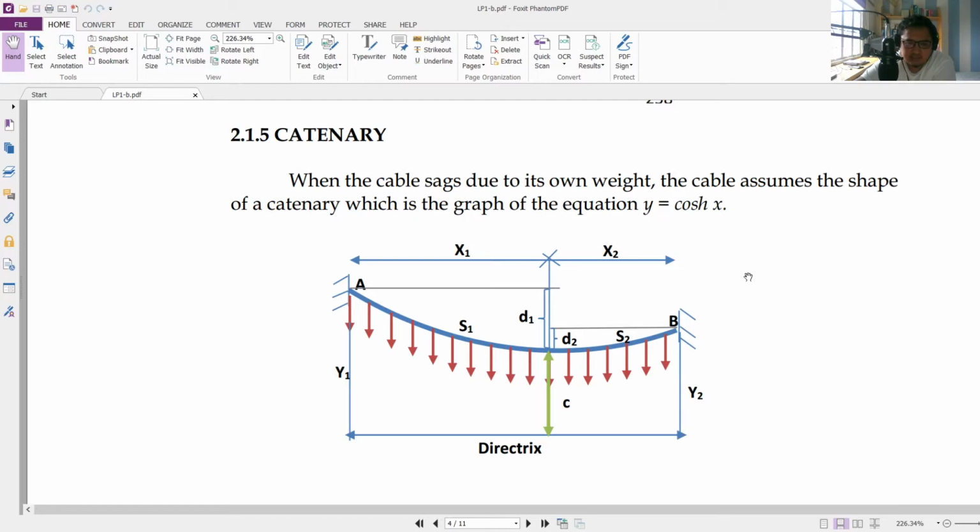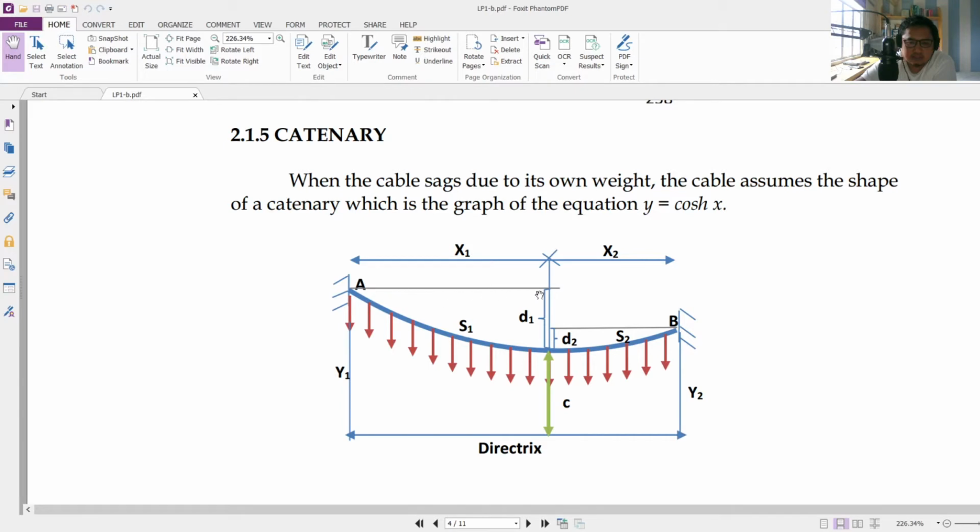So let's define the elements of the cable. x1 is the horizontal component from the support A up to the lowest point. Again, x2 is from the lowest point of the cable up to the support B. S1 is the length of the cable in the left segment of this figure, and S2 is the length of the cable within the right segment.